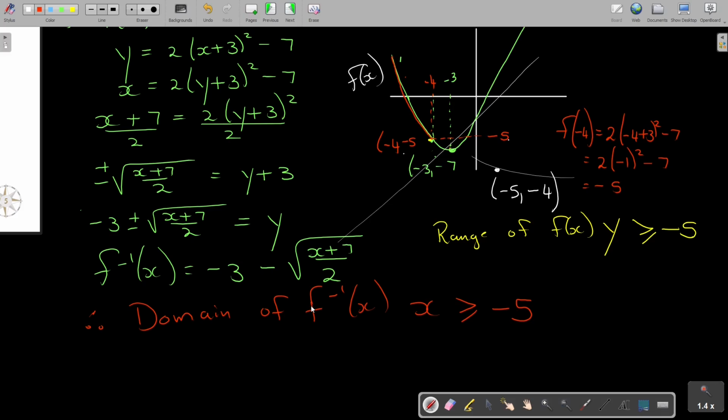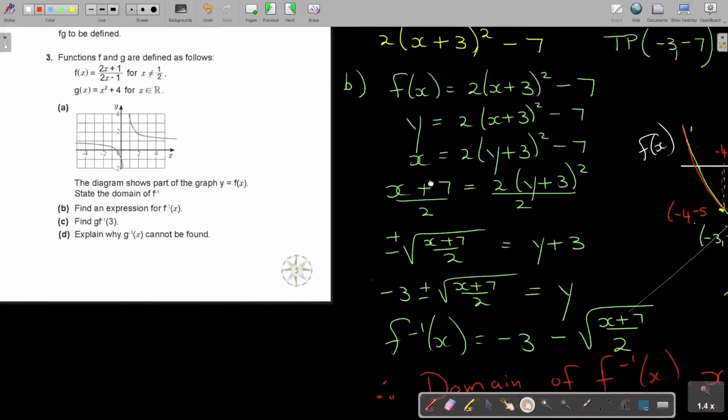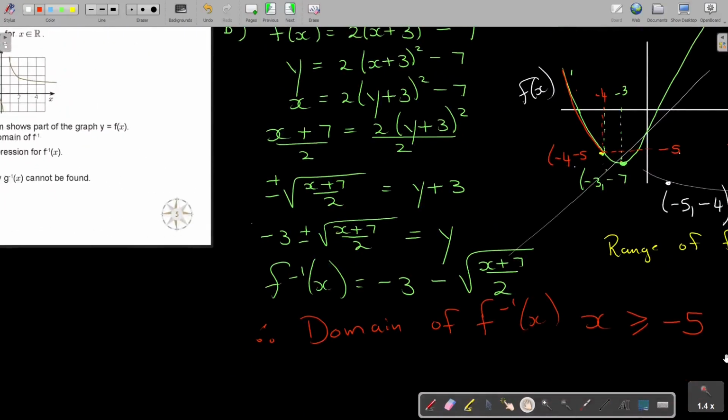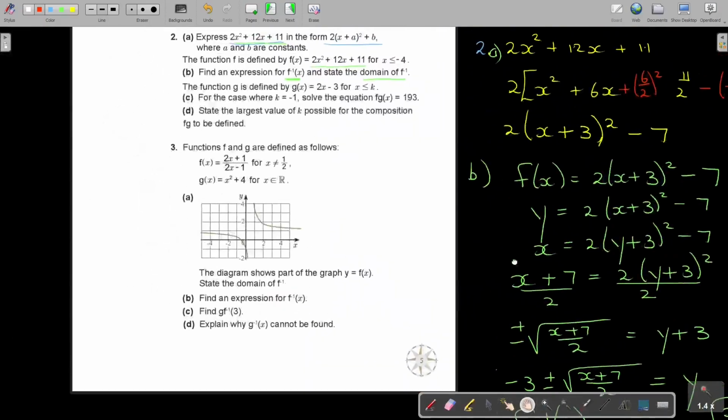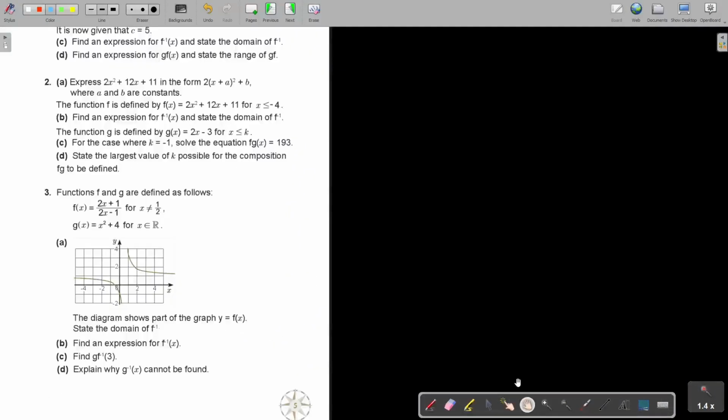Now let's just go to the next one. Okay, so this was what they wanted. They wanted that and they wanted that. So make sure of your sign because it's the decreasing part. And then also make sure that you can work with the original one there. Let's start with number 2c. Okay, I'm going to start by first writing down the functions. So it's 2x squared plus 12x plus 11.